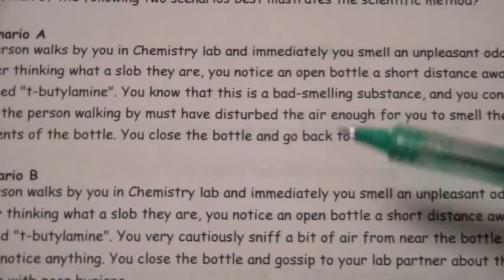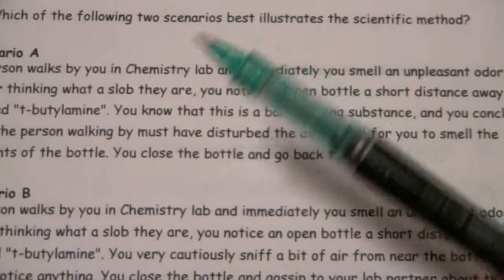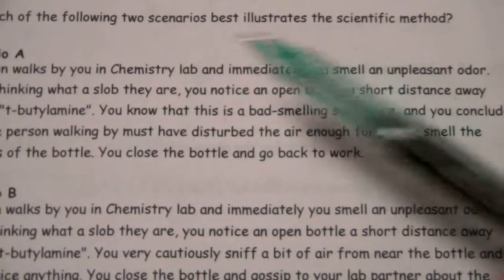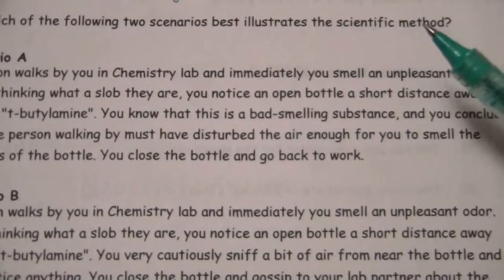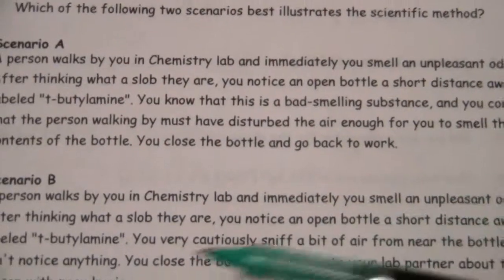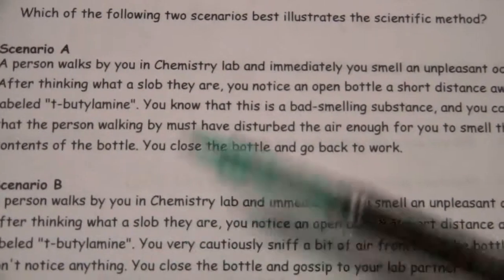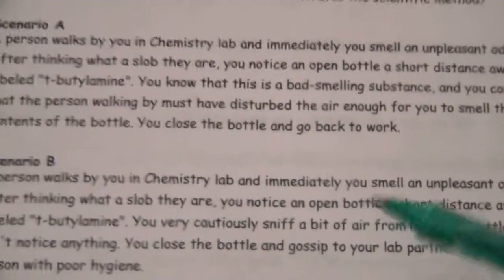Now we'll compare these. What are the differences here? In both, the person walks by and you smell the unpleasant odor and you see the bottle labeled T-butylamine. That part is the same, and of course you're thinking at first that they're such a slob.